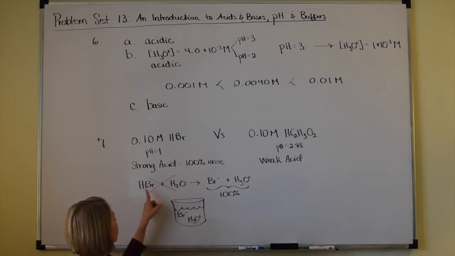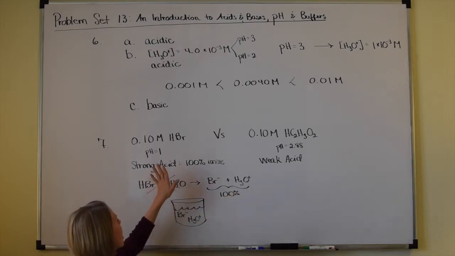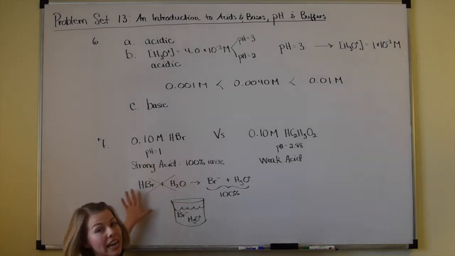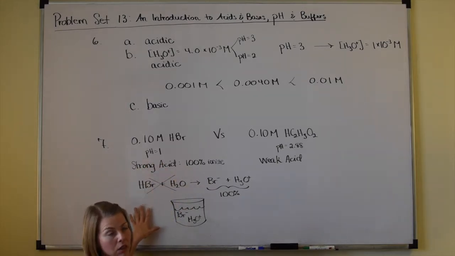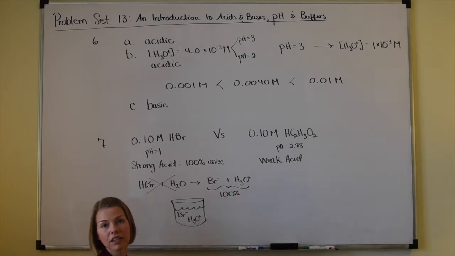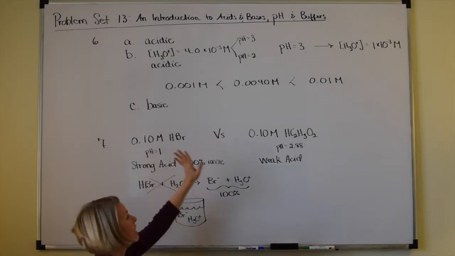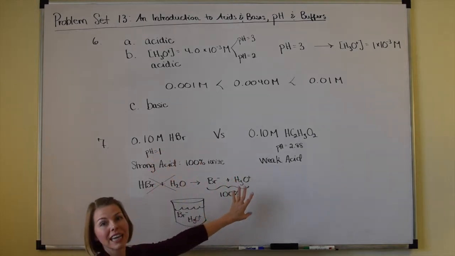So if we look at the mole ratio here, it's 1 to 1. That means that for every 1 mole of HBr that reacts, we will get 1 mole of hydronium cations. So if we have a 0.10 molar solution, then it should be 100% converted into hydronium cations.